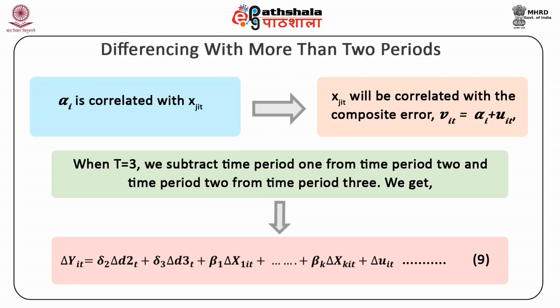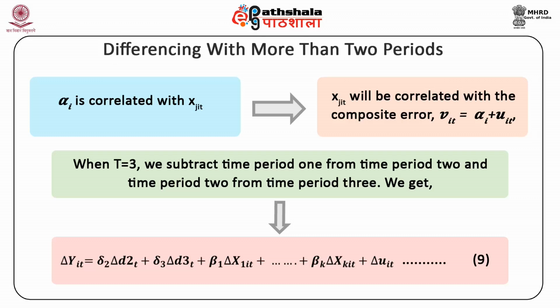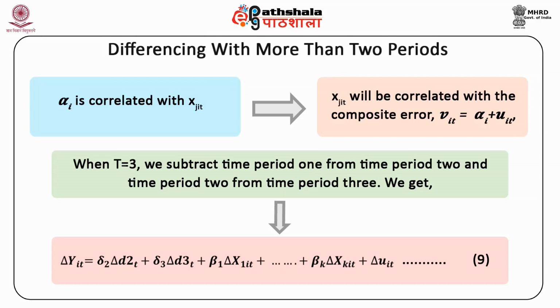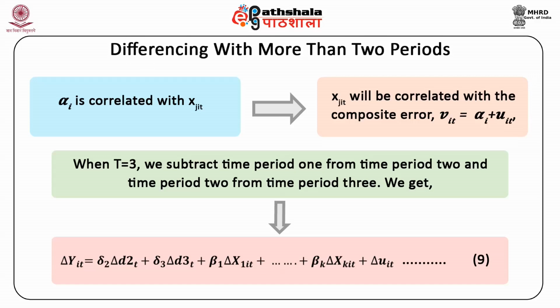If this equation satisfies the classical linear regression model assumptions, then pooled OLS will give unbiased estimators, and the usual t and F statistics are valid for hypothesis testing. Note that this equation 9 does not contain an intercept, which is inconvenient for computation of R squared.